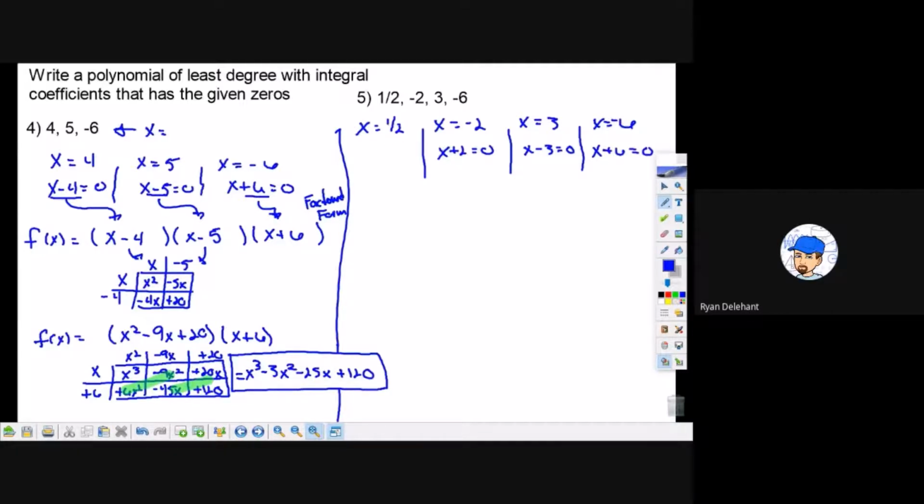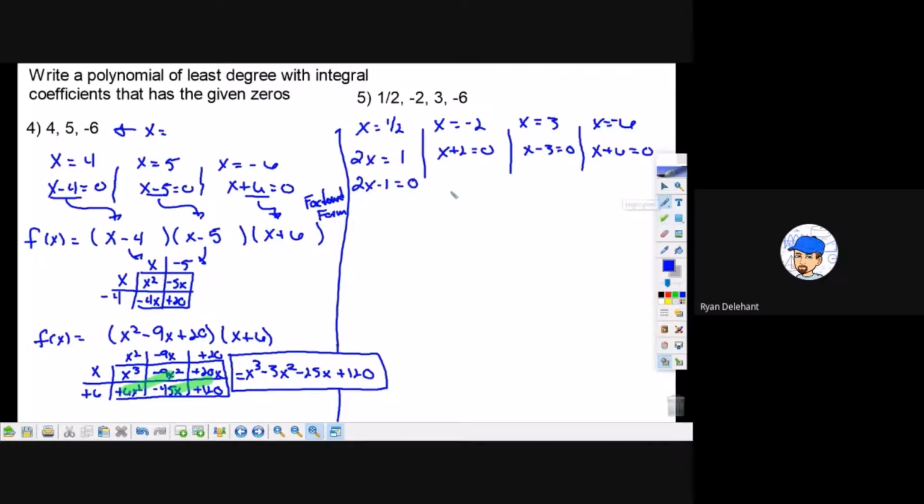This one, when you write these things as factored, you're not supposed to have fractions. So the way you deal with one that is a fraction is you do this in 2 parts. To get rid of the 2 on the bottom, we would multiply it to the other side. So this ends up being 2x equals 1. And then how do I get rid of the 1 now? I would subtract it to the other side.